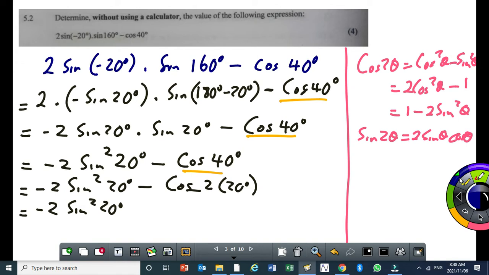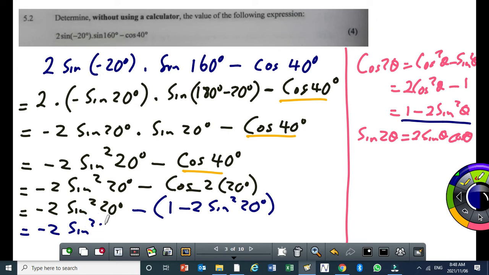Okay? So this cos 2 times 20 degrees, I can write it like this. Where there is theta there, I'll put 20 degrees. So it will become minus, open bracket, 1 minus 2 sine squared 20 degrees. Then if I simplify this, I'll get minus 2 sine squared 20 degrees minus 1 plus 2 sine squared 20 degrees.